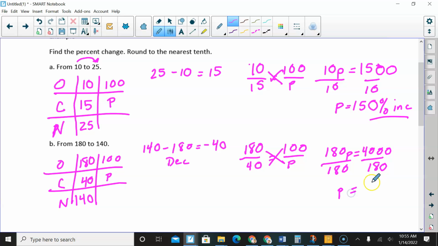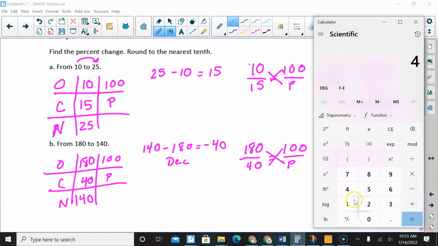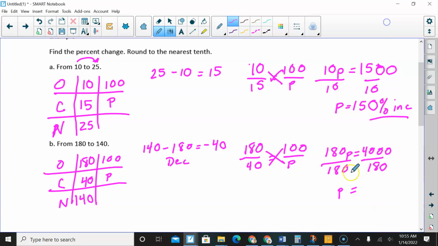And so P, when you grab your calculator, 4,000 divided by 180 gives us 22.2. So 22.2%. And in this case, this will be a decrease. And one more time, it's a decrease because we're going from 180 down to 140.